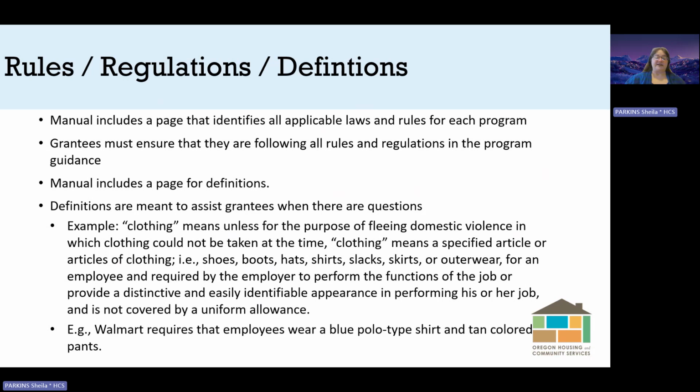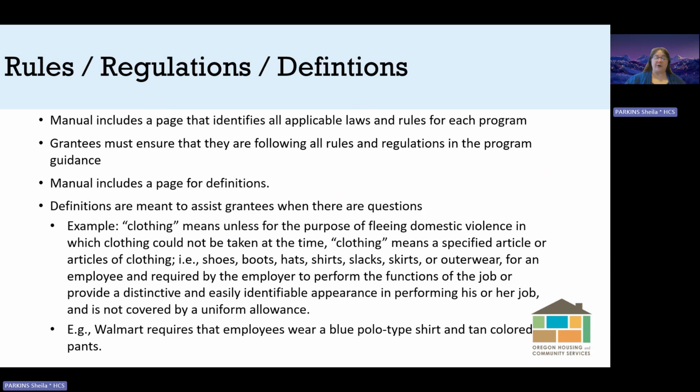For example, OHCS clarifies what clothing means as an allowable expense by defining it as, unless for the purpose of fleeing domestic violence in which clothing could not be taken at the time, clothing means articles of clothing, in other words, shoes, boots, hats, shirts, slacks, skirts, or outerwear for an employee and required by the employer to perform the functions of the job or provide a distinctive and easily identifiable appearance in performing his or her job and is not covered by a uniform allowance.